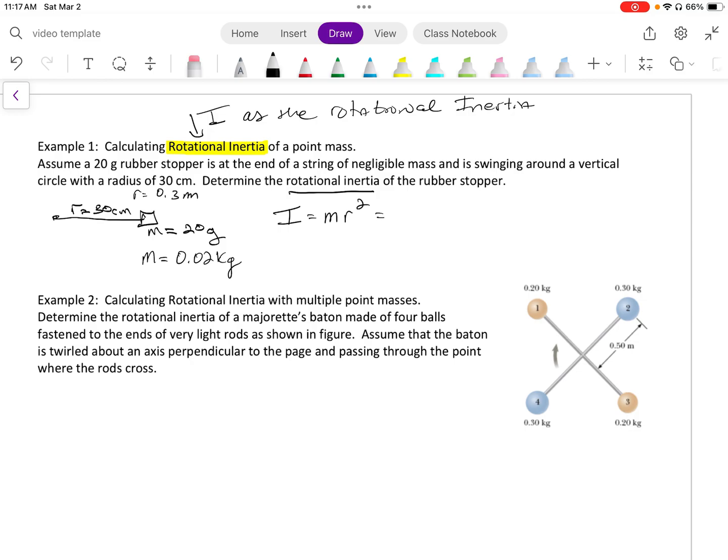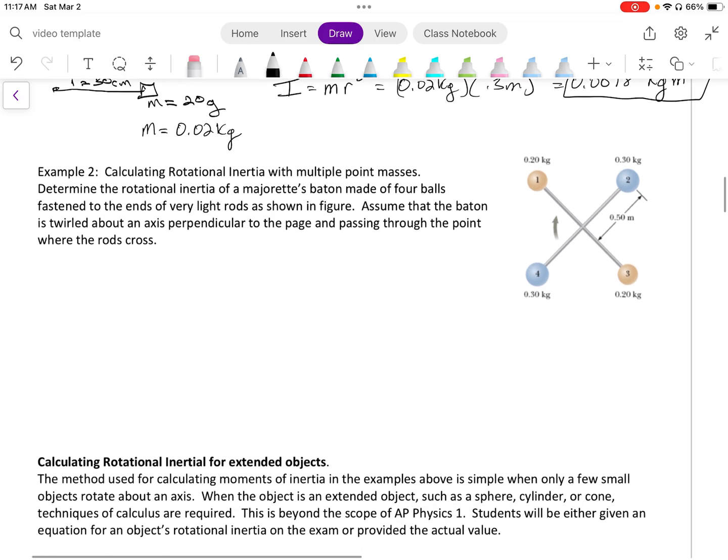And so I will get a rotational inertia for that rubber stopper as 0.02 kilograms times 0.3 meters squared, which will equal 0.0018. And what are the units? Mass times distance squared. And this is the rotational inertia of that point mass.